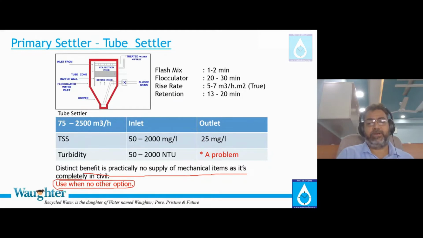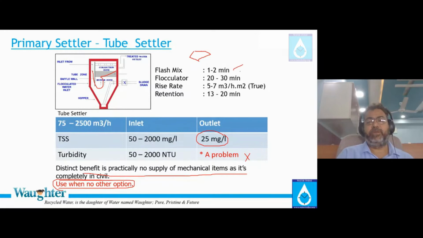Because our treated water quality is a problem here. 25 ppm suspended solids is fine, but turbidity control is not possible in this particular design. So what happens is the feed goes to a bundle of tubes, and then you collect the water. This bundle of tubes are like hexagonal tube sheets like this, and the area which is inside, you start calling it a tube.